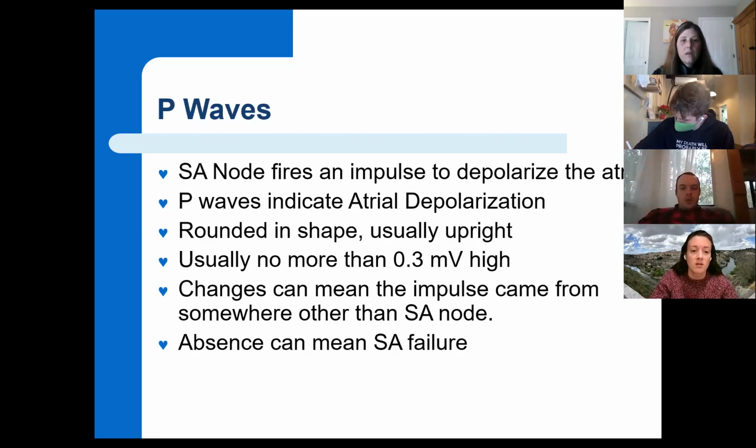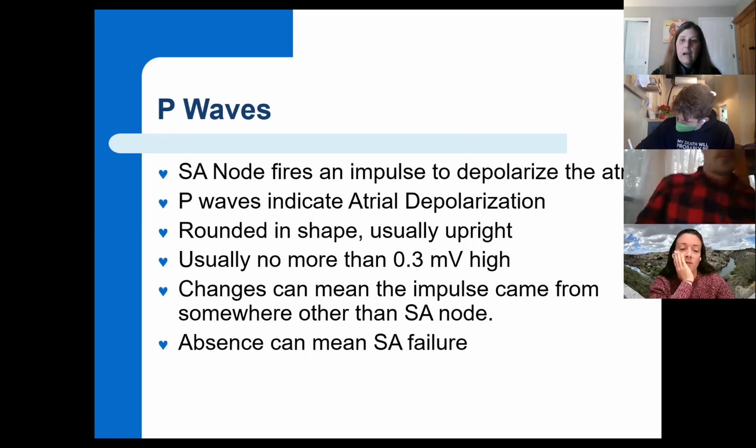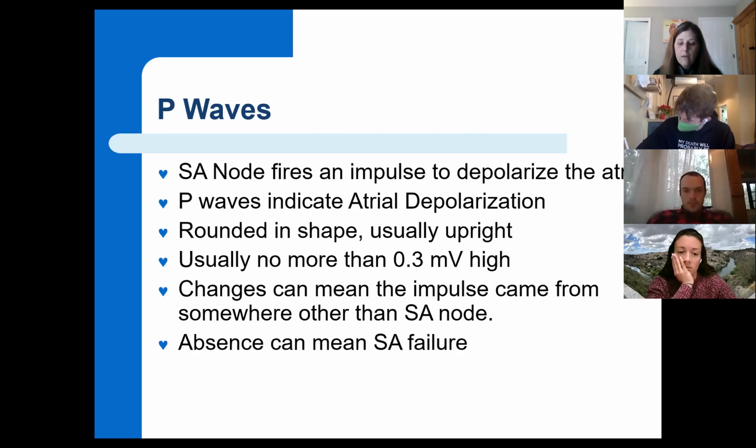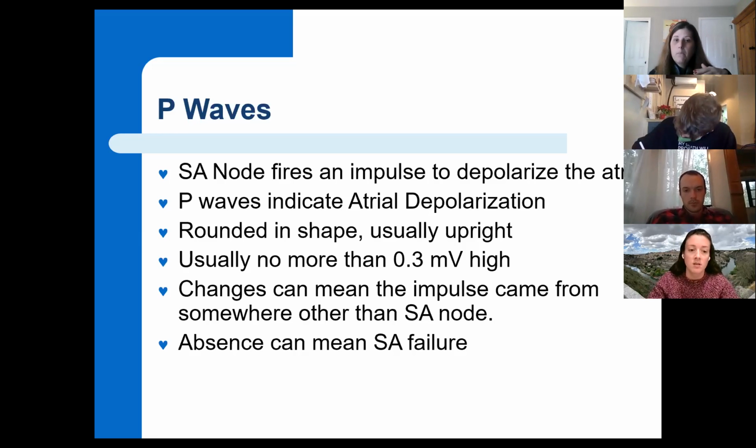Now, there are some things that can change the size or the shape of the P wave, such as age, beta blockers, if the atria is enlarged, if the patient has valve disease, okay? Because remember, we have valves coming into our heart, but we also have them between the atria and the ventricles.